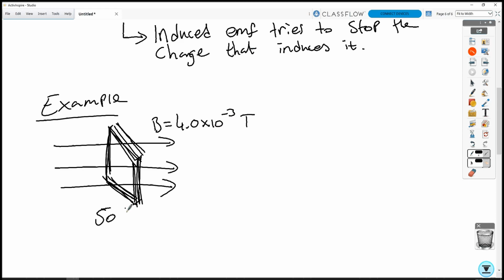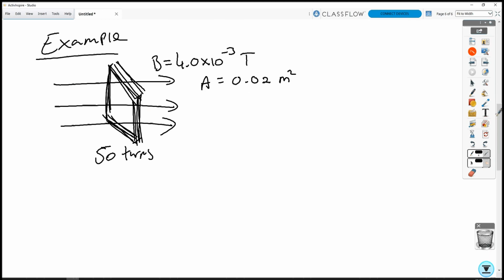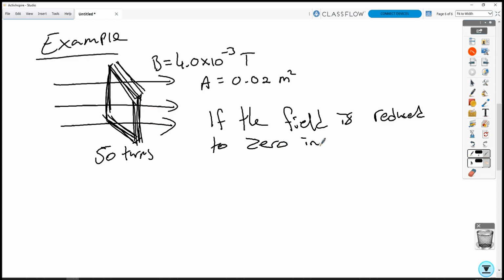We've got 50 turns of coil, and the area is equal to 0.02 meters squared. So we can say if the field is reduced to 0 in 0.2 seconds, what is the induced EMF?